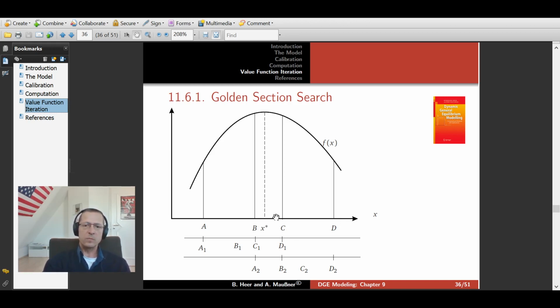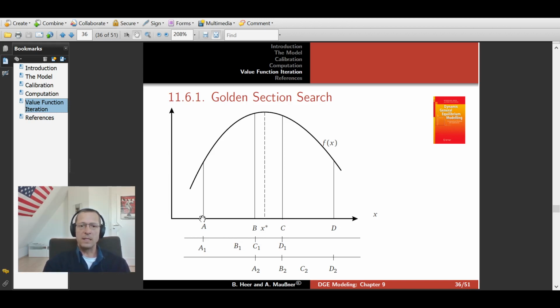So in the next iteration, we pick the value b1. So we have the new interval a1, b1, c1, d1, and compare b1 and c1. And again, we should have the same principle that a1, c1 is as large as b1, d1, so that we do not end up in an unfavorable interval which is larger than the other. So the proportions of a, b, c, d should also be the same proportions as a1, b1, c1, d1 in the next step.